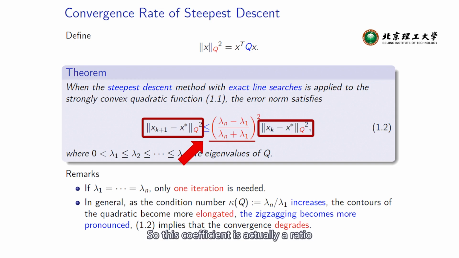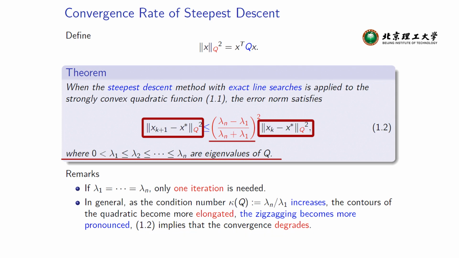This coefficient is a ratio between lambda n minus lambda 1 and lambda n plus lambda 1. The lambdas are the eigenvalues of the matrix Q, and we put them in non-decreasing order. So lambda n is the largest eigenvalue.